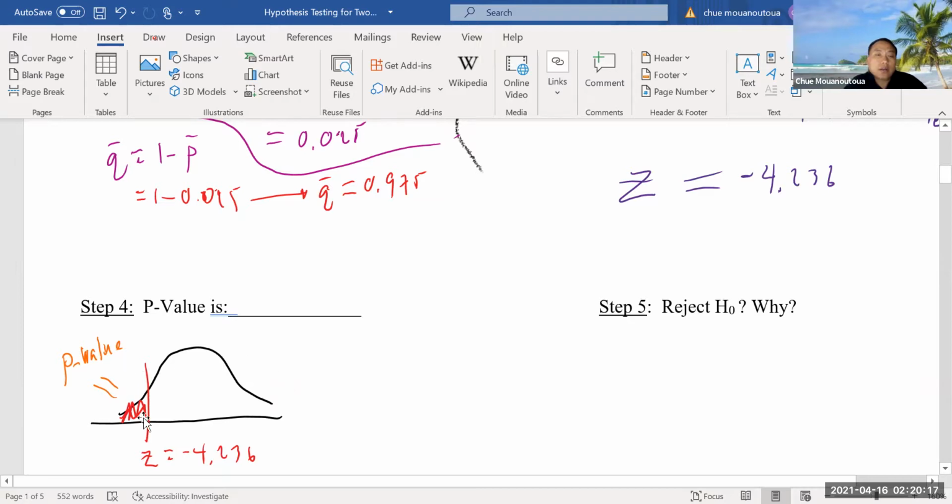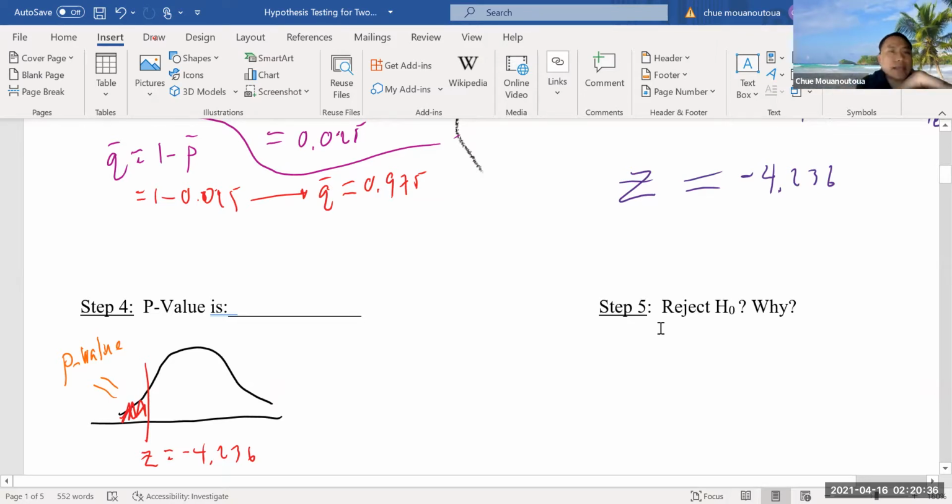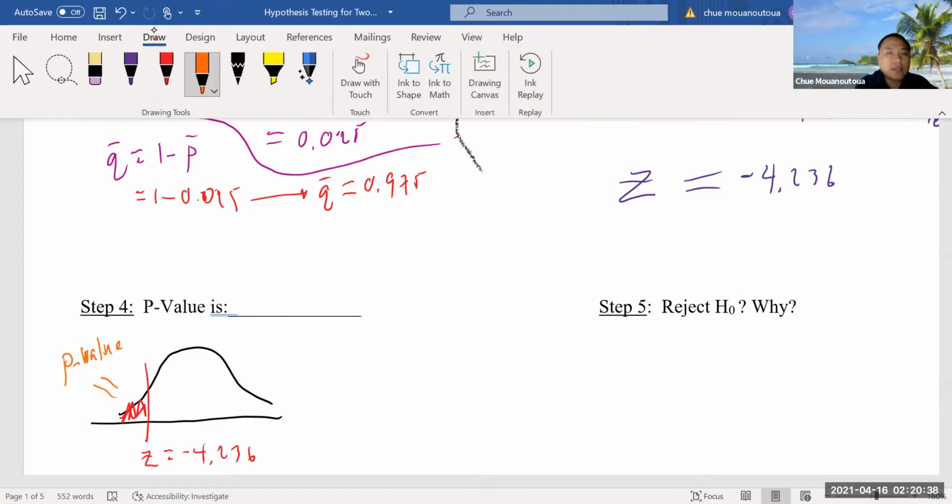If we talk about critical value, then the area is the alpha, which is called the critical region. Forget about that, this is from chapter 8. So look up from the table.